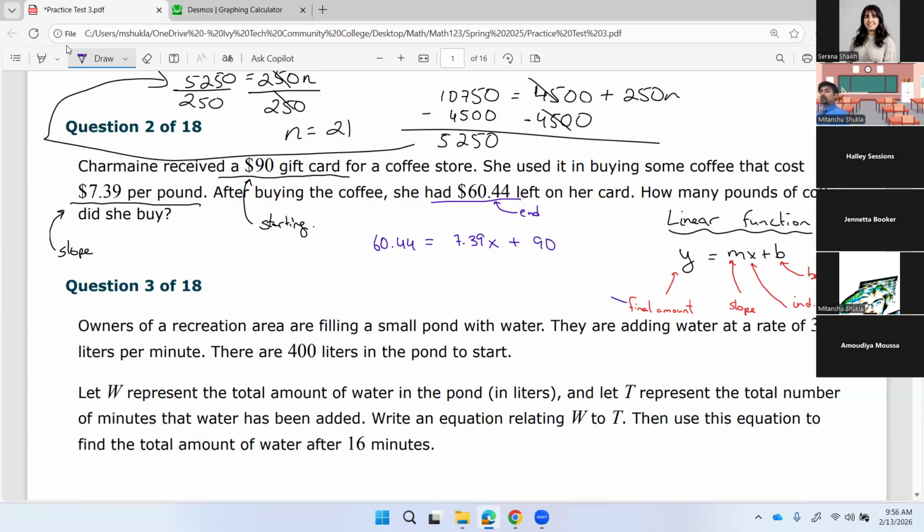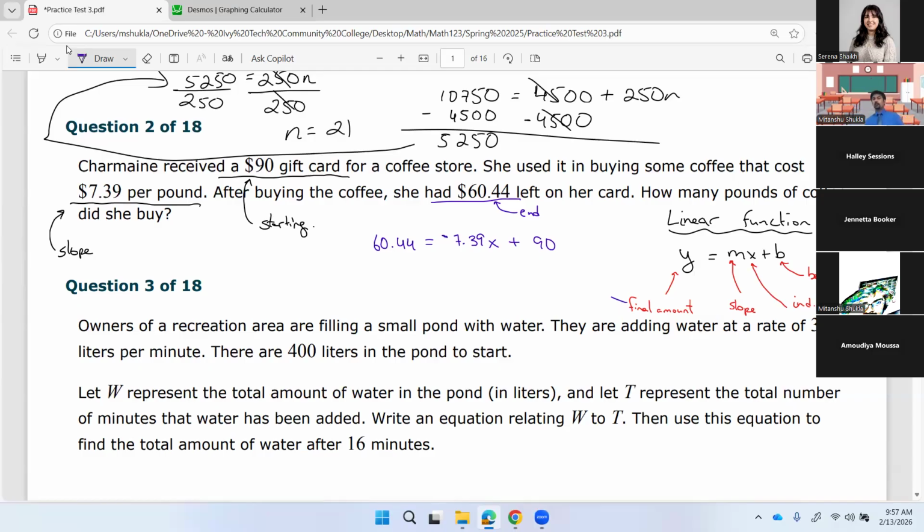Now, this has one small caveat. When I use my gift card, what's happening to the money? It decreases, right? So if the cost of coffee is $7.39 per pound, I am losing $7.39 for every pound of coffee that I buy. So this 7.39 needs to be negative.